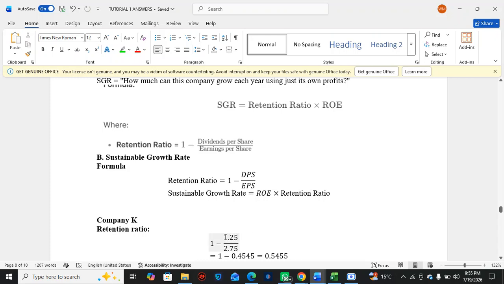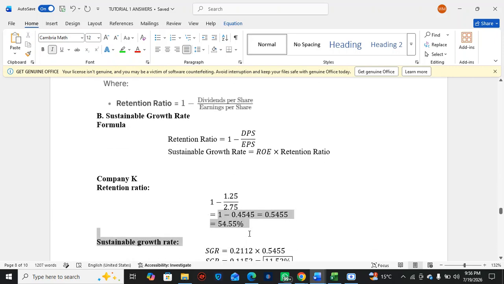Right. The dividend per share is 1.25, earnings per share is 2.75. So 1.25 divided by 2.75 gets 0.4545. 1 minus 0.4545 is 0.5455, which is 54.55%.